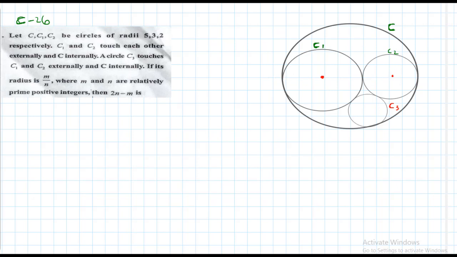So this is the point of tangency of C1 and C. This is the point of tangency of C and C2. Okay. Assume that this is the center of the circle C. 1, 2, 3, say these points of tangency. All these points are collinear. When two circles touch each other externally or internally, the point of tangency and their centers are always collinear.